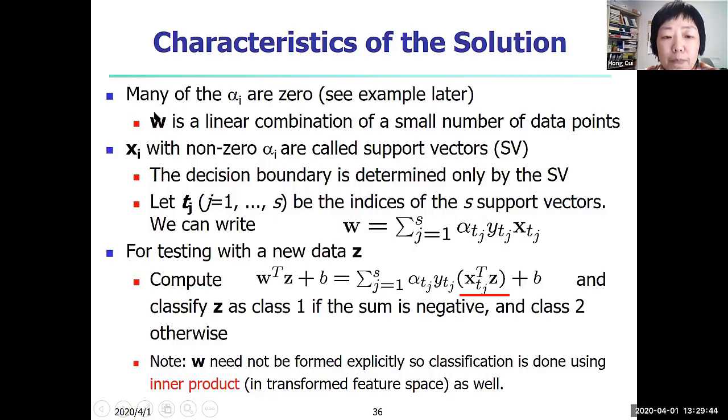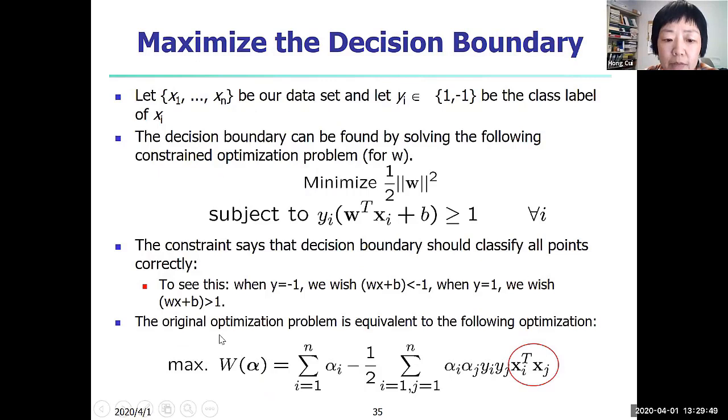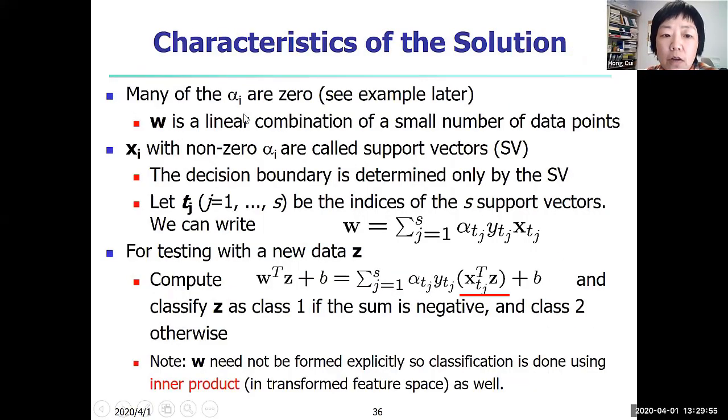When we optimize this function, what kind of alphas are we going to find? It turns out we're going to find most alphas being 0.